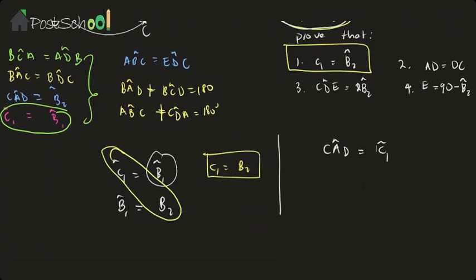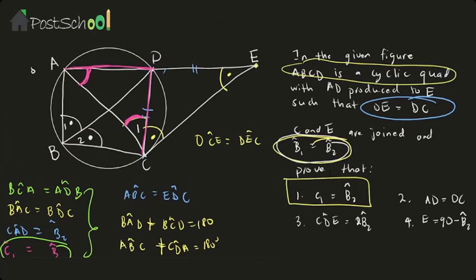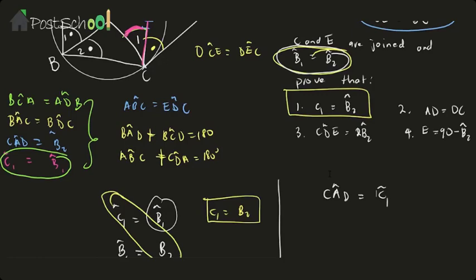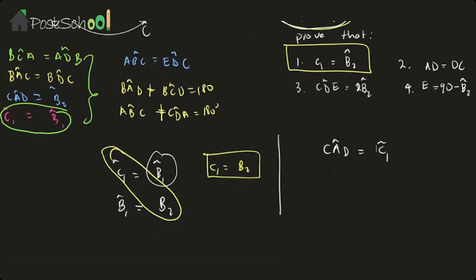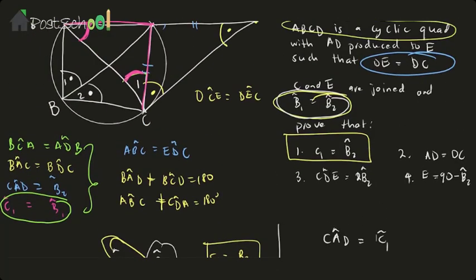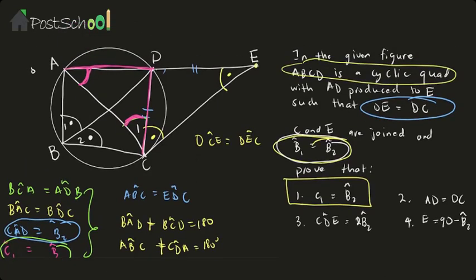So ask yourself, what is CAD equal to? CAD is equal to B2. We already wrote that. CAD will be equal to B2 subtended by this arc, or by this chord or segment.